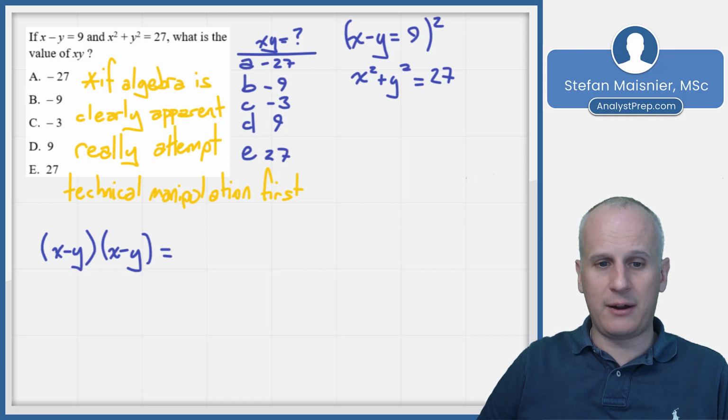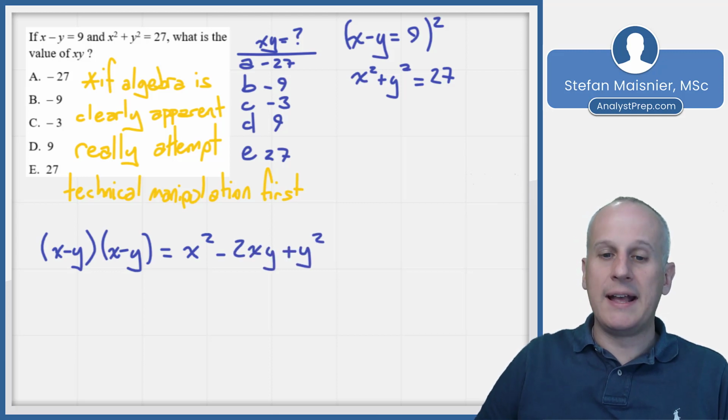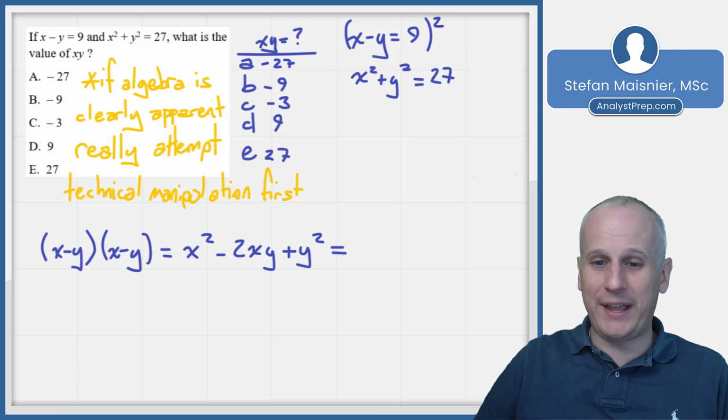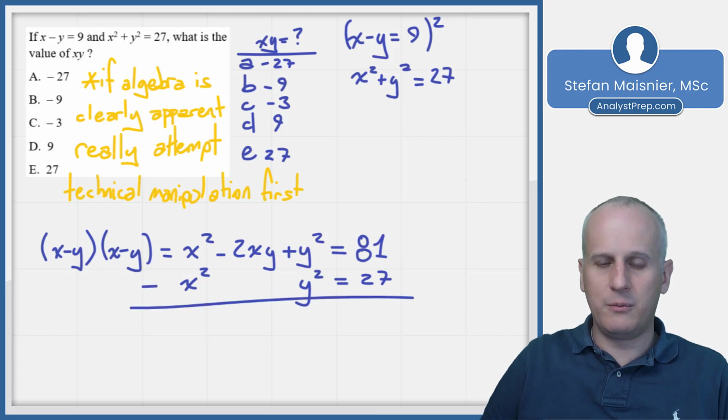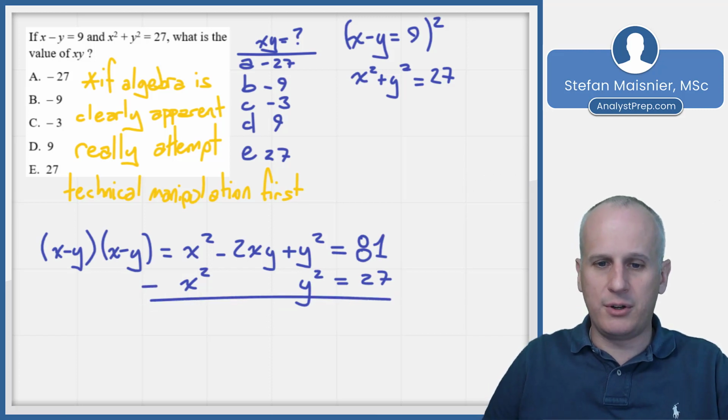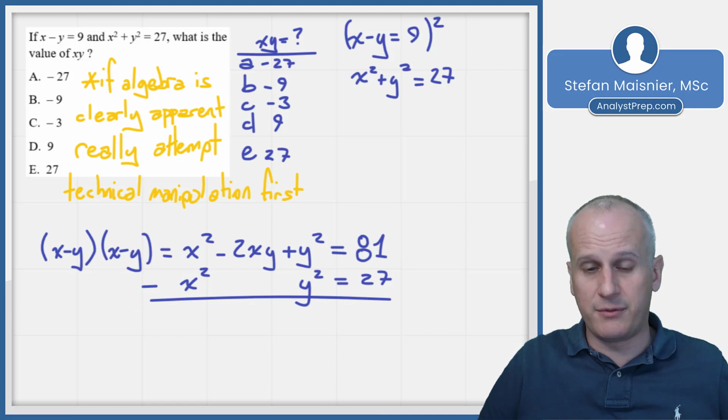So we FOIL out, we know we've got x squared minus 2xy plus y squared. And we know that that's equal to 81 because of the given information. Then it becomes a system of equations because we've got x squared plus y squared is equal to 27. So now we can subtract our two equations from each other just as any other system of equations.